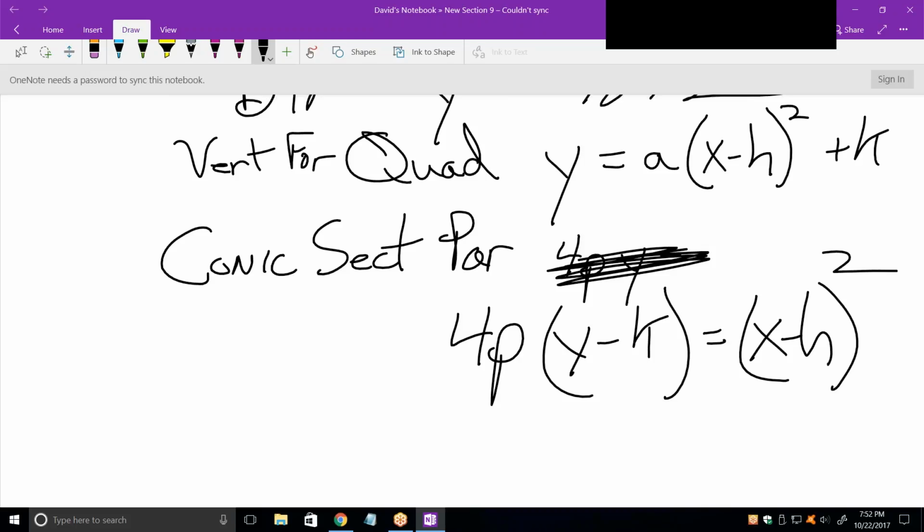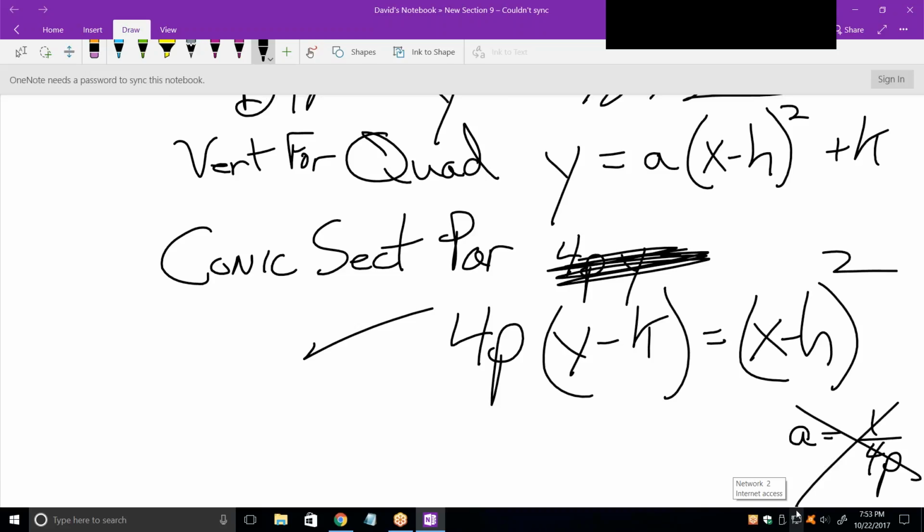If you make A equal to 1 over 4p, you wouldn't need to use a different format. Notice that A is 1 over 4p. First thing I'm going to do is subtract k from both sides and then multiply both sides by 4p. And I get this. The advantage of the lower format is that you can figure out where the focus is immediately. You don't have to do this down here.